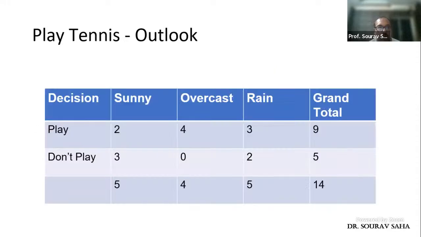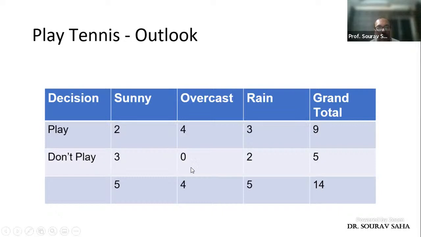Just to show you, this was the data that we had, 14 data points, play, don't play. For example, for the overcast case, you find that all the cases are saying play.